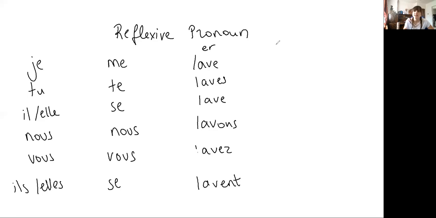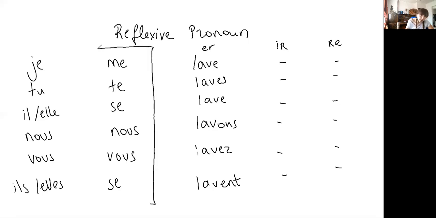If it's an IR or RE verb, you have the different endings that we learned in lesson 2, which was the regular verbs. And if you have an irregular verb, then you have to use the endings of the irregular verbs, of course. But basically what we're interested in here are the reflexive pronouns. So you need to put them in between the subject and the verb.